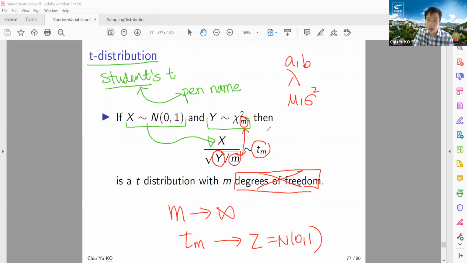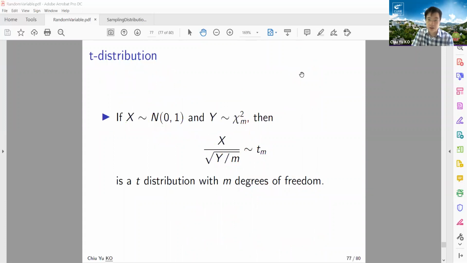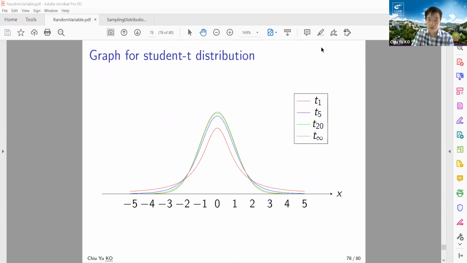You probably want to know why, and it will be evident when you see the slide on the next page. For the red one, degree of freedom 1, the blue one is degree of freedom 5, the green one is degree of freedom 20, and the brown one is degree of freedom infinity. Actually, this is the same as normal 0, 1.